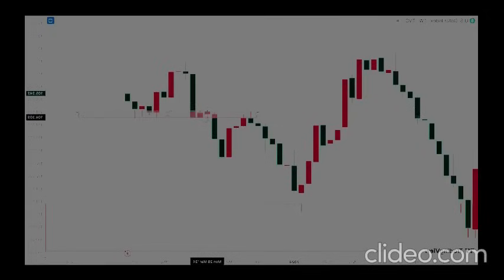If you go to small time frames, you see some consolidation here, guys, because this was strong resistance.